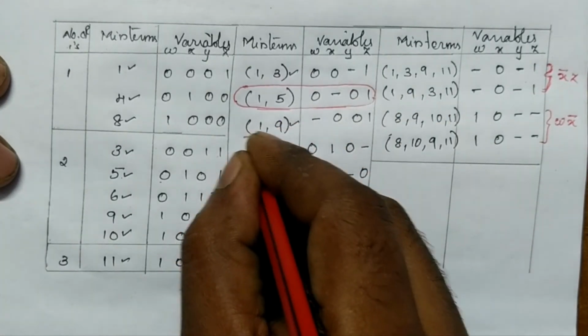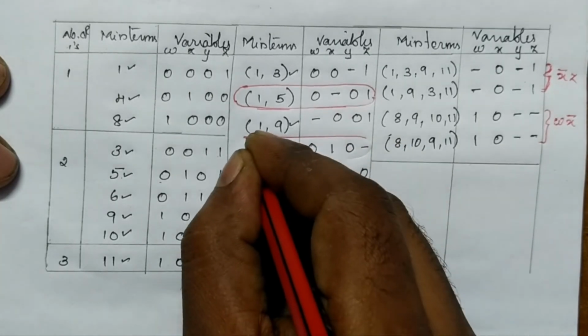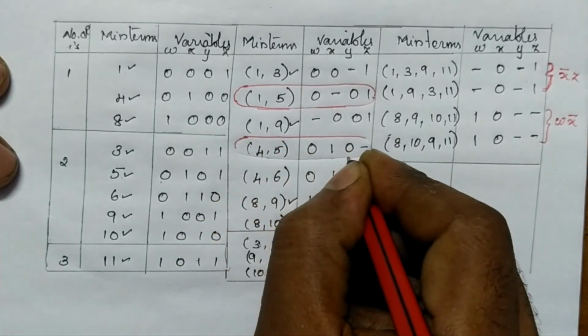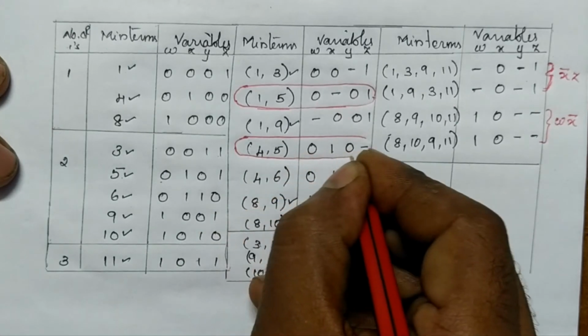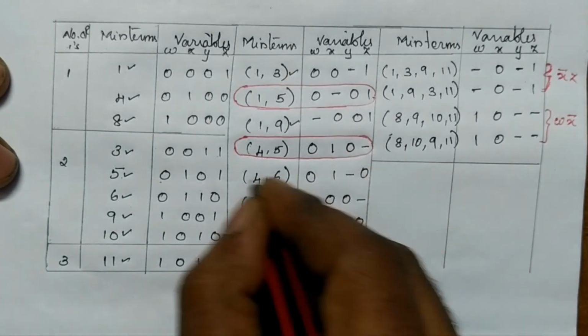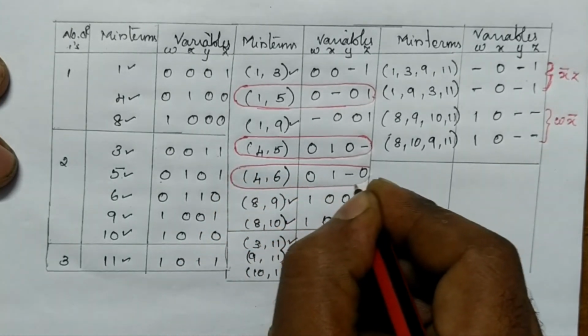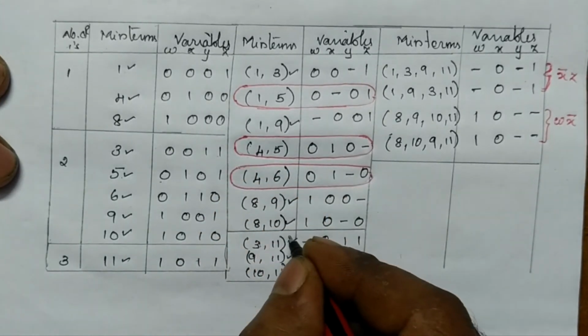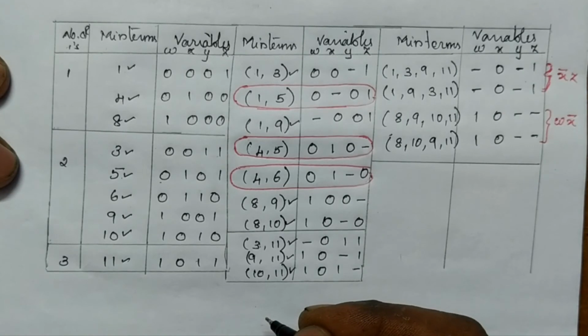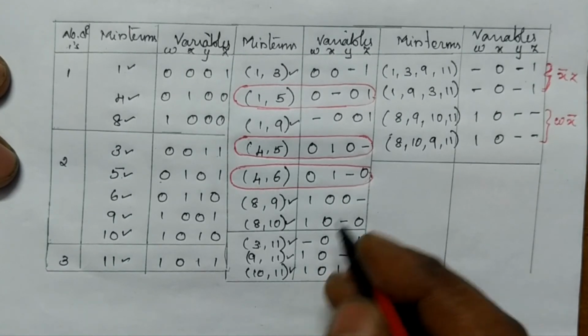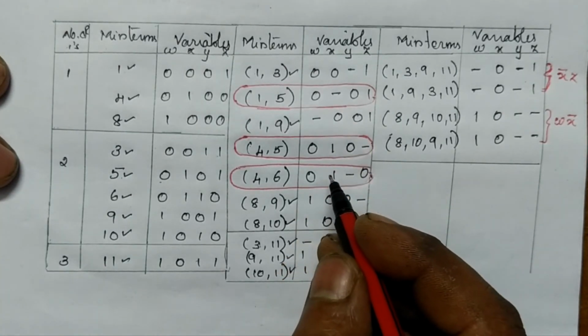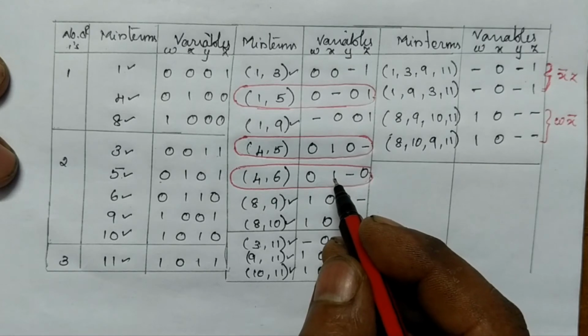Likewise 4 comma 5 is also not ticked. 4 comma 6, here we are having a tick, here also a tick. The remaining terms have the tick mark. Therefore these three are considered as prime implicants.